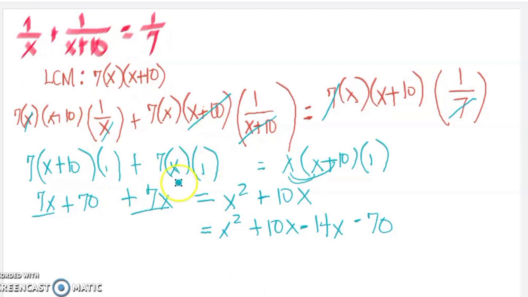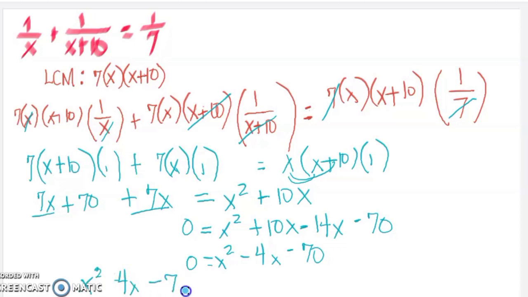So, ito, natira dito is 0. Tama? So, 0 is equal to x squared, 10x minus 14x is negative 4x. Tama? Minus 70. Okay. So, standard form would be, pagpalitin lang natin ng pwesto. x squared minus 4x minus 70 equals 0. Parehas lang yan.